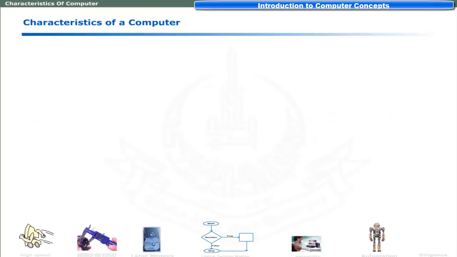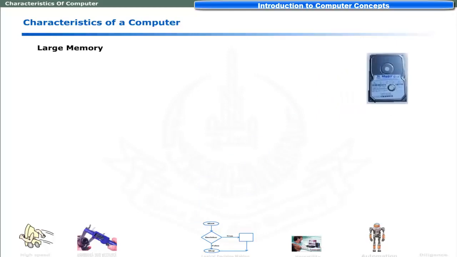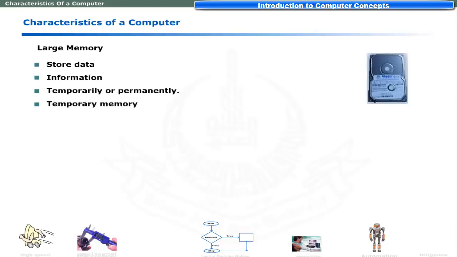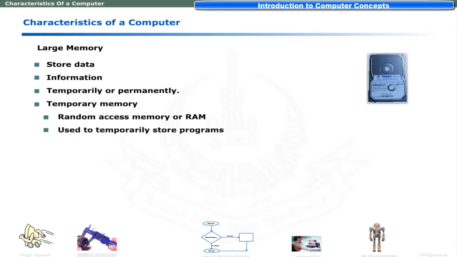Dear learners, another feature of a computer is its large memory. Computer memory is used to store data and information temporarily or permanently. Temporary memory is normally referred to as random access memory. This is used to temporarily store programs that are currently executing on your system.